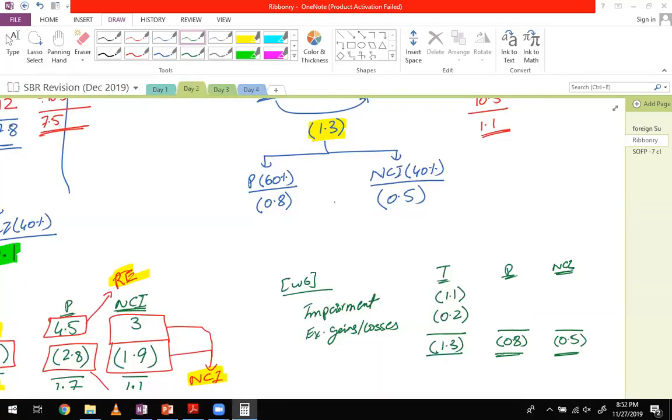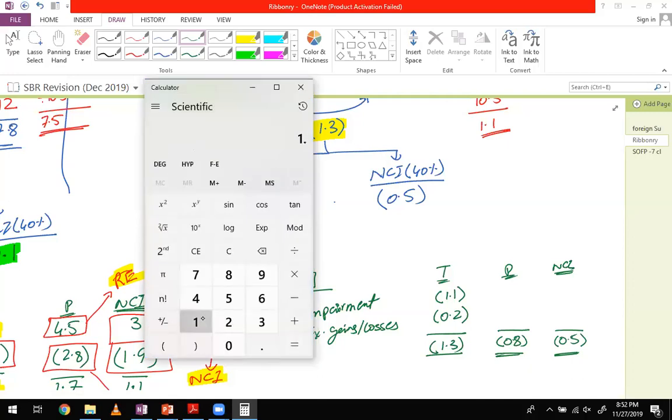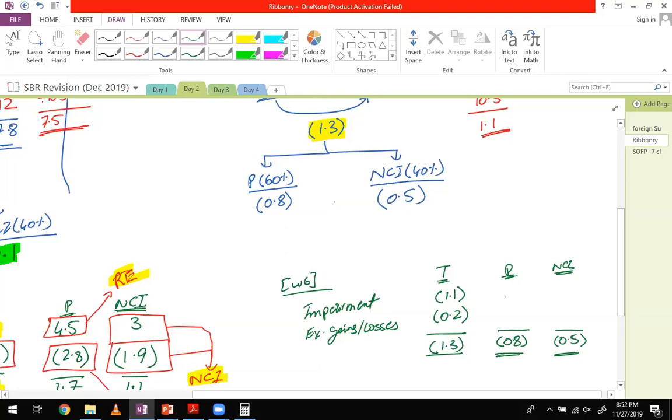So now if we want to calculate parents and the NCI's share, that's simple. 1.1 into 0.6, we can say 0.7, 0.4. And similarly, this will be 0.1 and 0.1. So that's how we calculated these values.